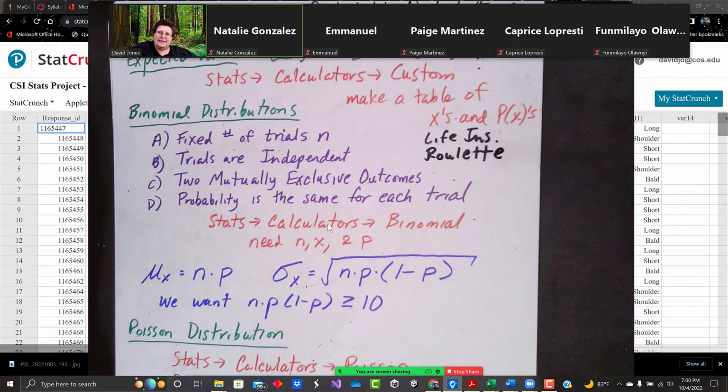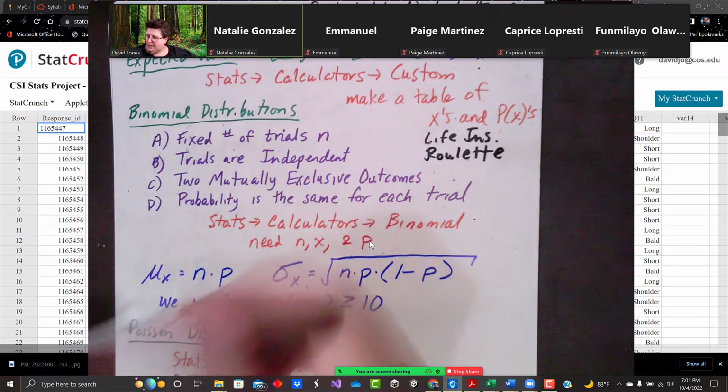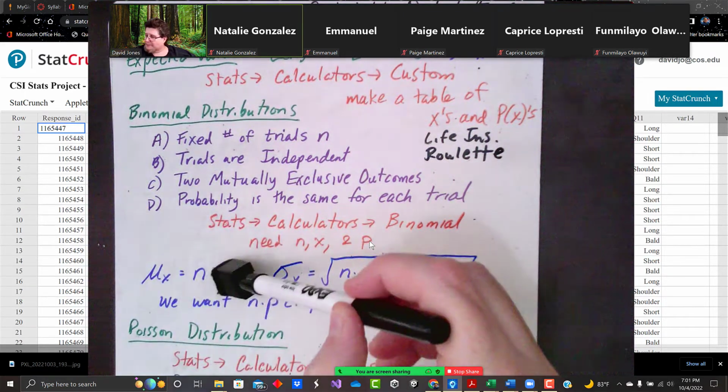Here you do stats, calculators, binomial. You need to know n, which is the sample size. x is the number of people that are meeting your criteria. And p is the probability. We can find the mean using n times p.